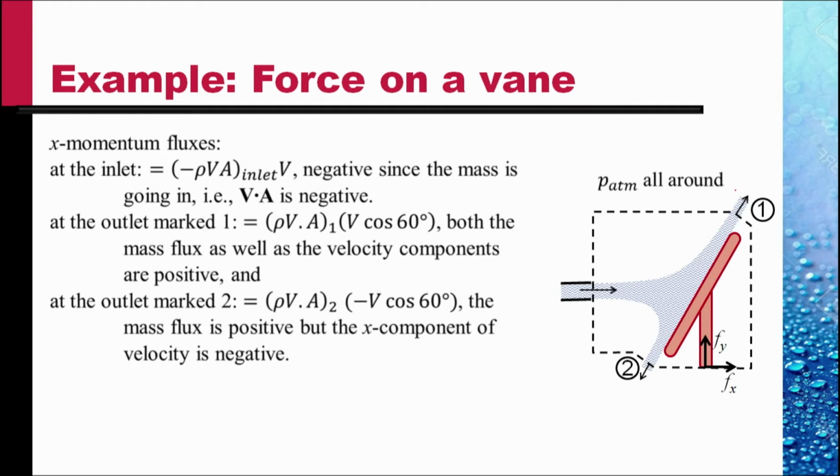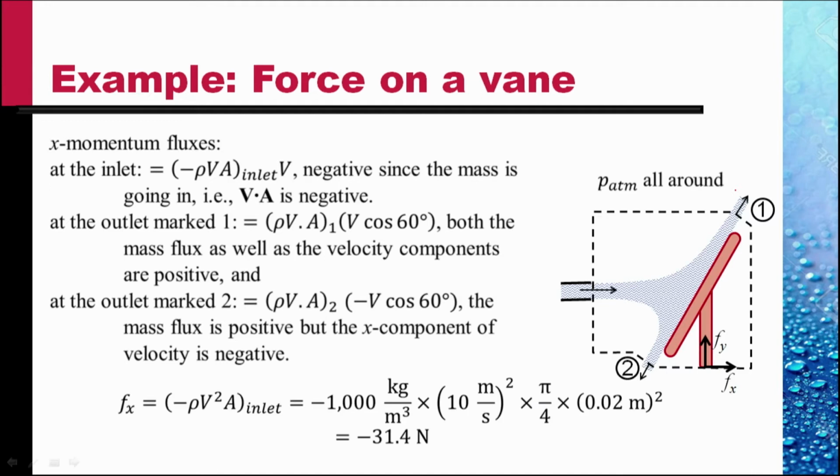The mass flux is positive, but x component of velocity is negative, so that the momentum efflux here is negative. So the x momentum equation, the net external force, the only external force on this control volume is Fx, horizontal. Force is Fx. So Fx is the net efflux of momentum.